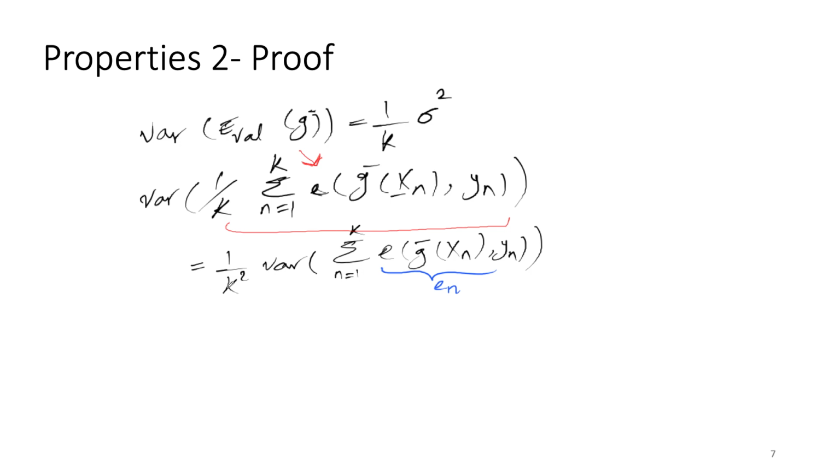So if you recall the random variables, that was a property of a random variable to define the variance this way.